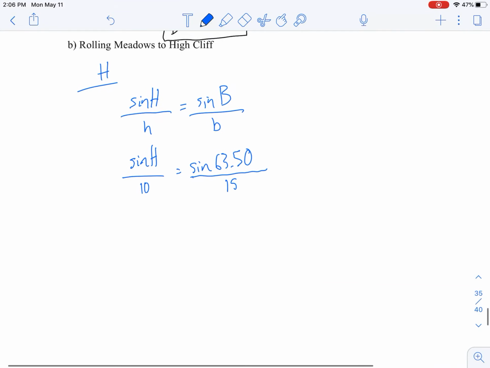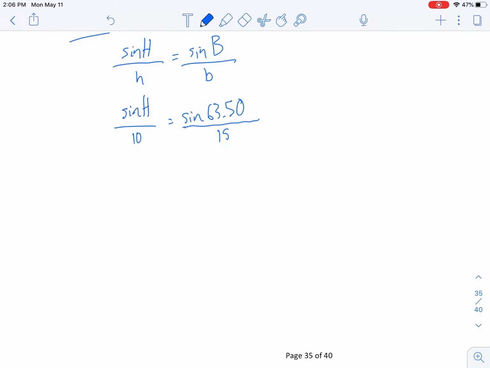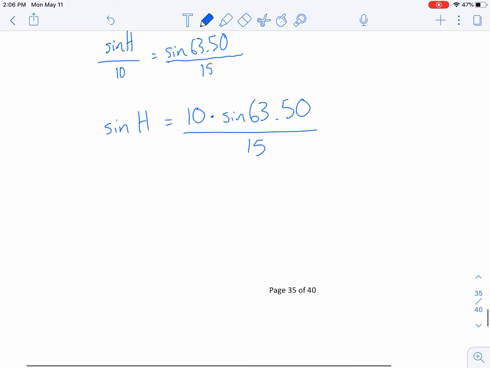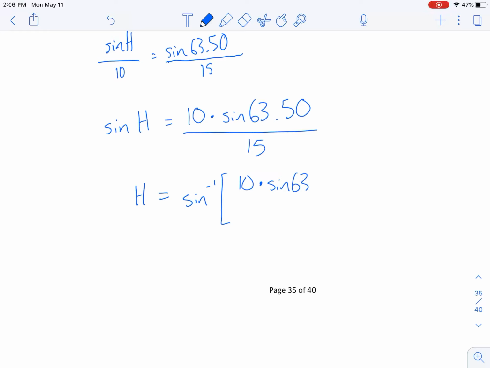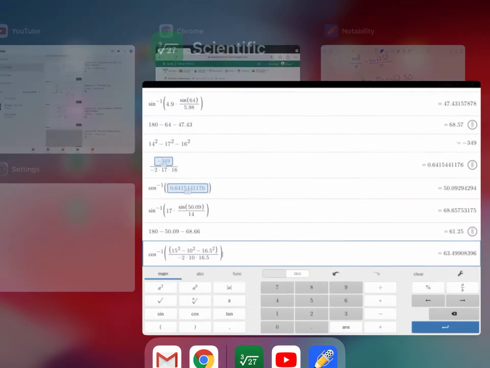So we can solve for this one by isolating for H. We're going to multiply both sides by 10. So I'm going to have sine of H is equal to 10 times sine of 63.50 divided by 15. Then we're going to take the inverse of this. So the sine inverse of 10 times sine 63.50, all divided by 15, is equal to H. A little bit of calculator work here.